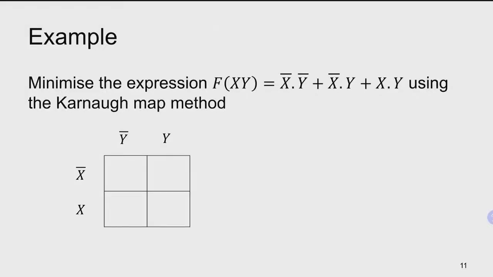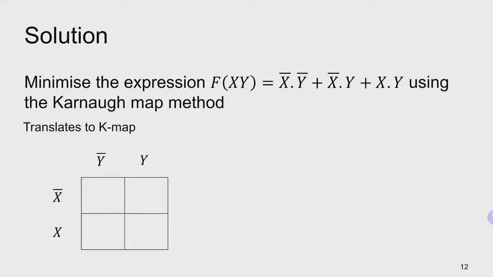Okay, so first, we want to translate the function into a KMap. So we have a minterm here, x bar and y bar. So x bar, y bar, so we put a 1 here. The second minterm is x bar y, so we got a 1 here.